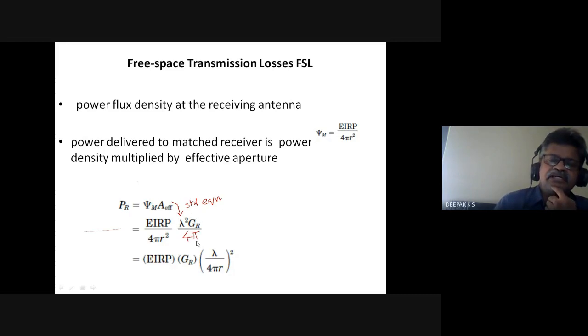So this is the standard equation for A, the effective aperture, and this is the power flux density. You multiply this, and you can get this expression: EIRP into GR and other things, R square, lambda square, so R square and 4 pi here and 4 pi here. So lambda by 4 pi R whole square. This is the received power.